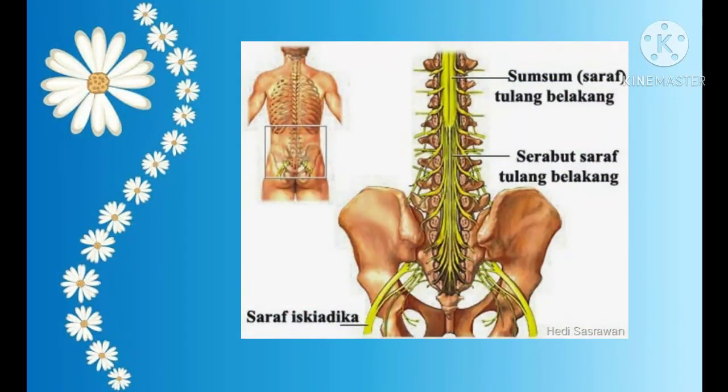The gray part stores nerve fibers without myelin. The section is divided into two, namely the dorsal base or posterior base and the ventral or anterior base. The dorsal base stores sensory neurons and the ventral base stores motor neurons.